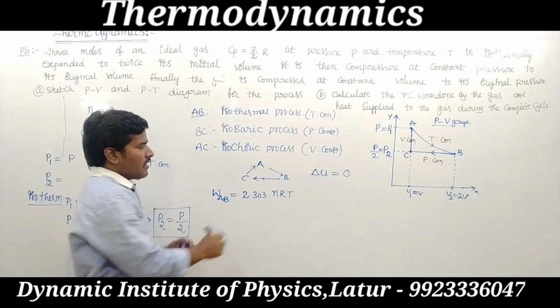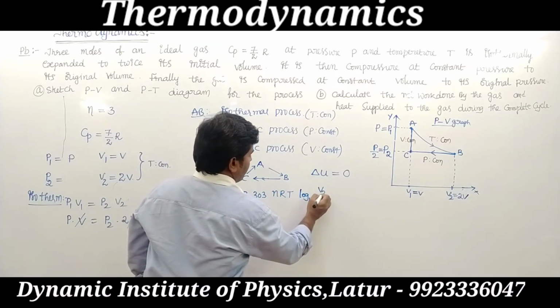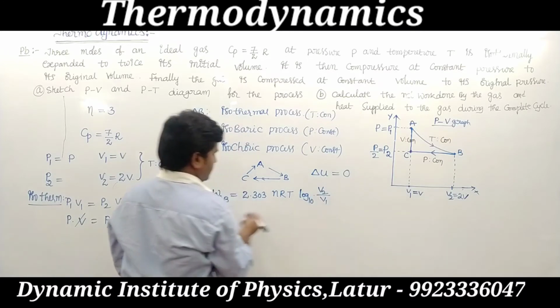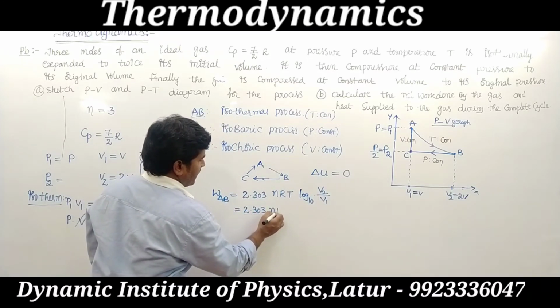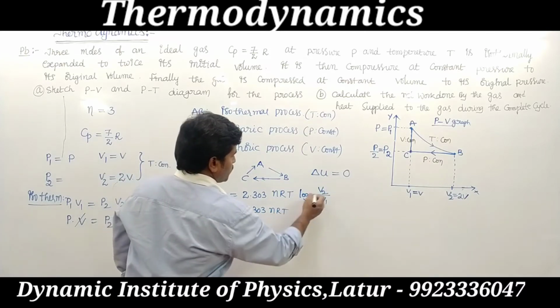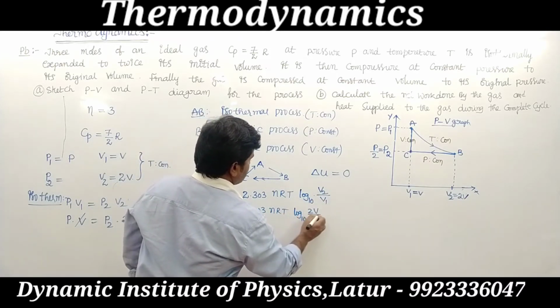nRT log base 10 of V final over V initial, that is V2 upon V1. Its value becomes 2.303 nRT log base 10 of 2V upon V, since the volume is doubled.